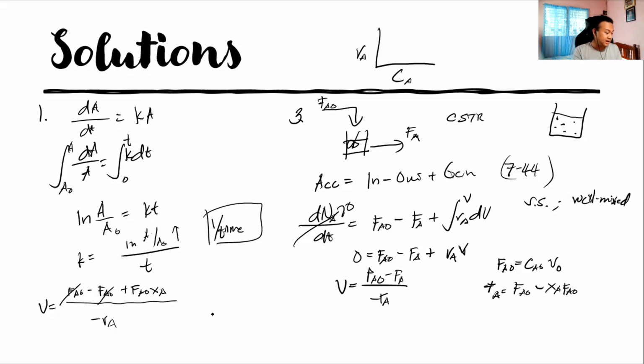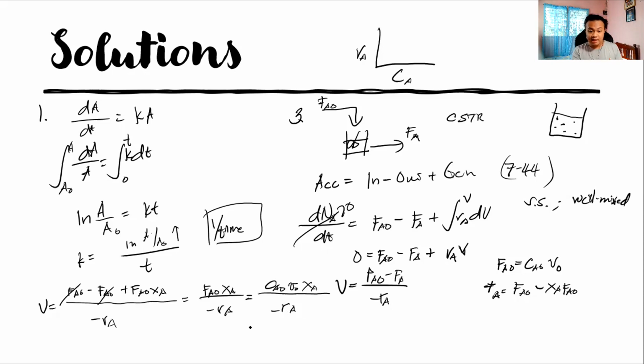After that, this is the only thing remaining, the RA. Then let's substitute FA0 to here, so we have CA0 v0 over negative RA.